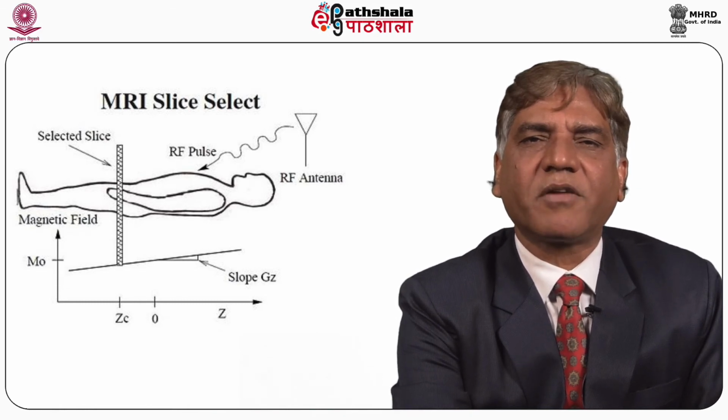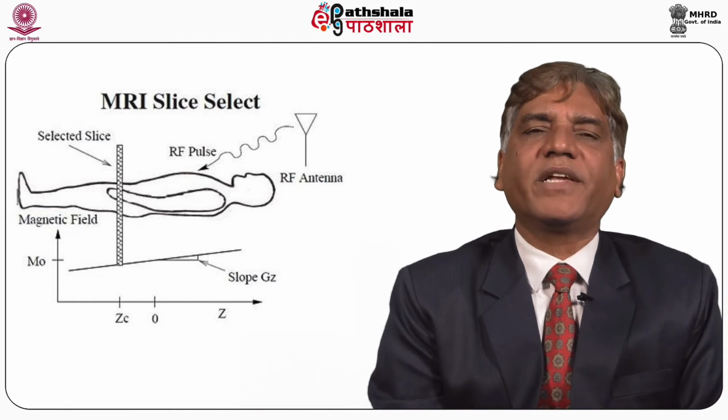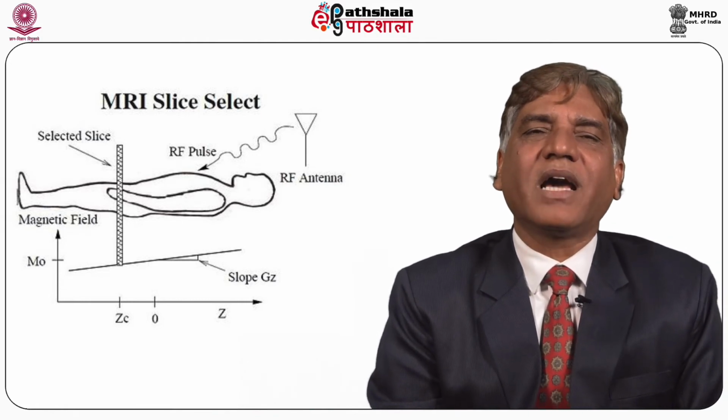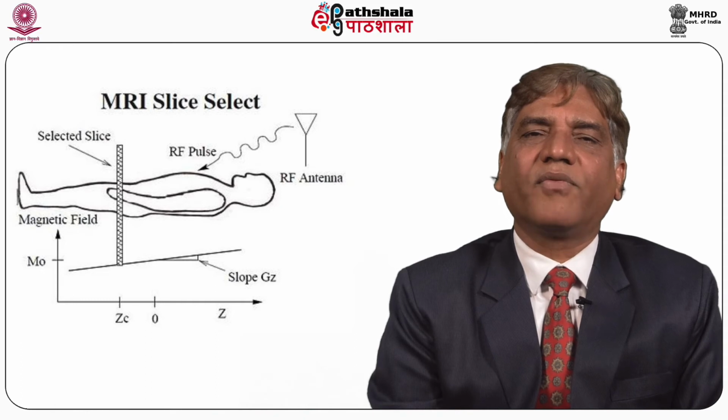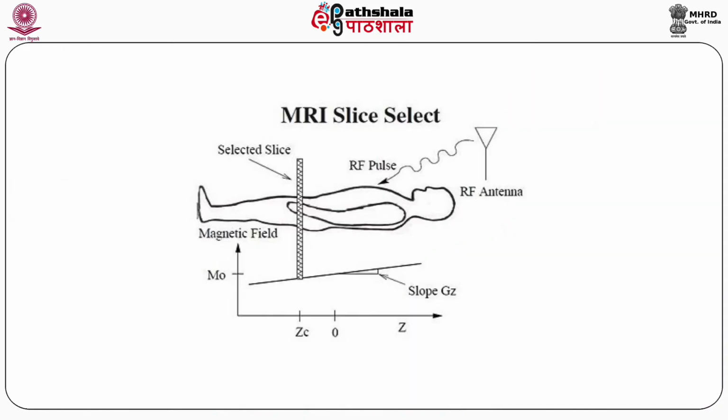Slice thickness is determined by two parameters. One is the bandwidth of the RF pulse and second is the gradient strength along the field of view. So if this gradient magnetic field is applied along the z-axis, one can select the slice along the z-axis, or we can say transverse axial images.